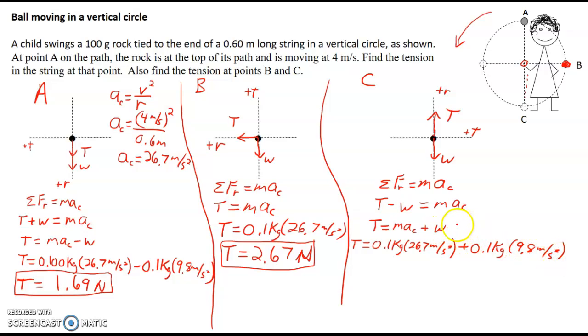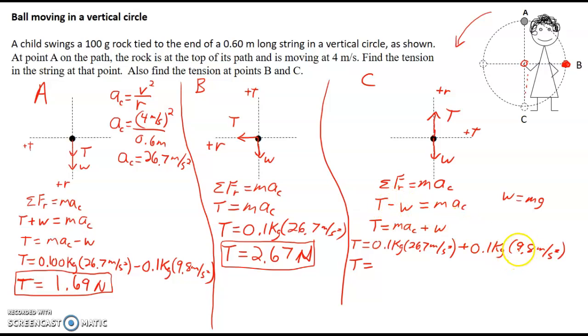Remember, W is equal to mg, and g is a scalar, so it's 9.8. It's not negative 9.8. The acceleration of an object in free fall is downward, which often will be our negative direction. But g itself is a scalar. We have accounted for the direction already. We accounted for the direction right here with this minus sign.